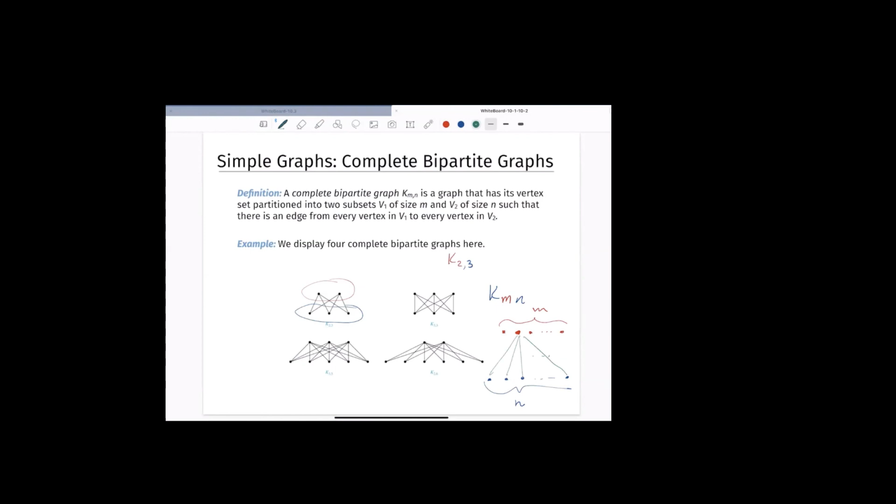So what's the total number of edges that I can have? M times N, yeah, M times N, right? So this guy has N connections, this guy has N connections, and there are M of them. So M times N, or N times M, whatever. That's the number of edges in a complete bipartite graph on N plus M vertices.